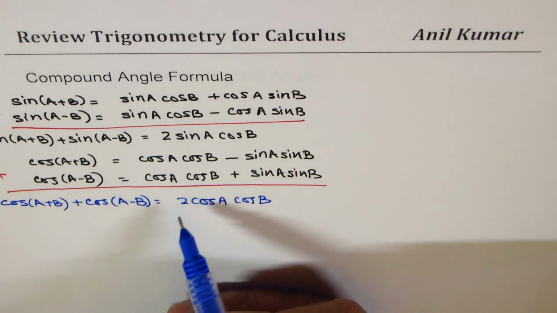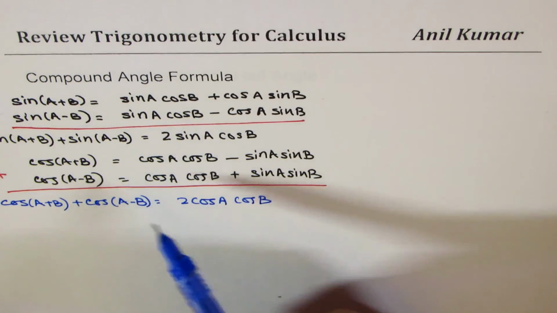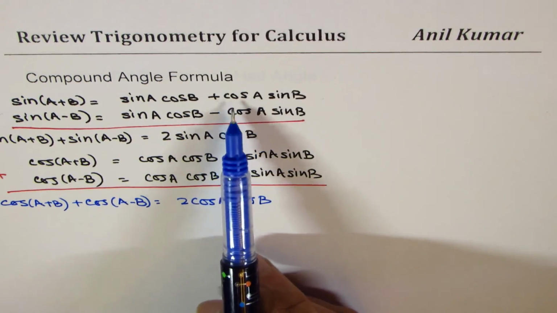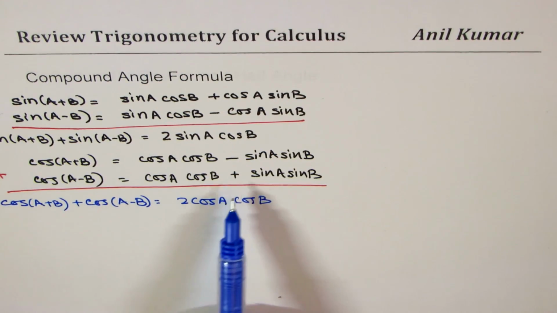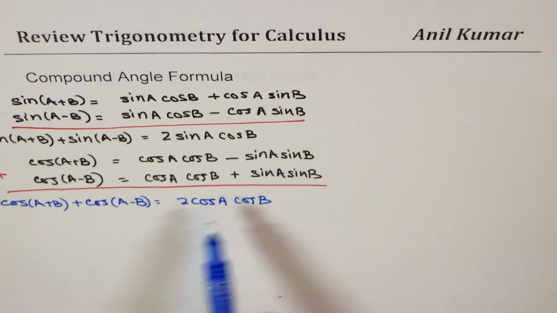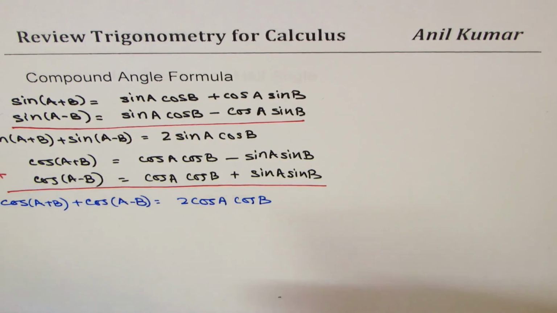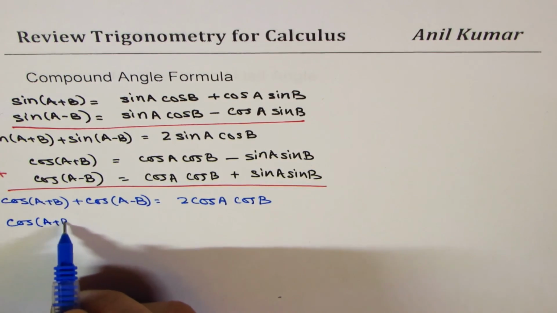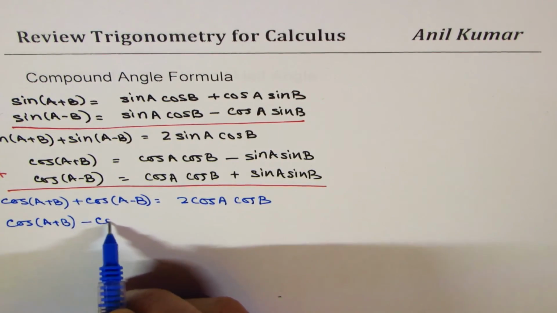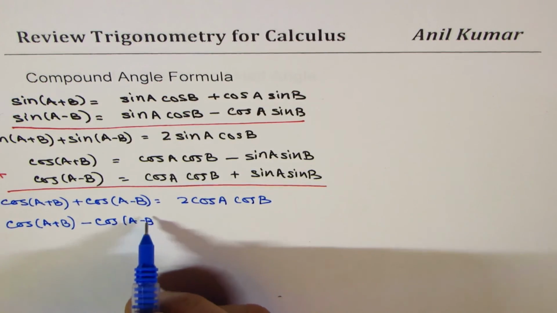Now you could have subtracted them also. So if you subtract, you get 2 cos A sine B for sine and minus 2 sine A sine B for cosine. So let me write down what you get for cos of A plus B minus cos of A minus B.